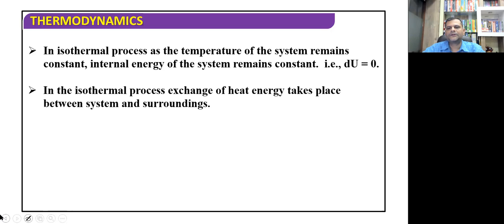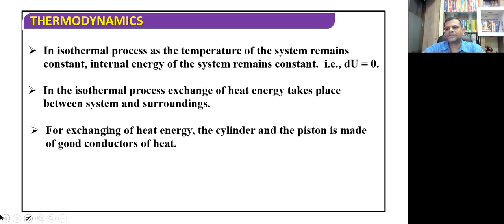So if we use this in the first law of thermodynamics, then we can say that since dU is equal to 0, dQ is exactly the same as dW. That means whatever work is done is at the cost of whatever amount of heat is provided to the system. तो गैस को जो भी हम हीट प्रोवाइड करेंगे, उस हीट को यूज करके वो पूरा का पूरा वर्क डन करेगा, पूरा का पूरा वर्क डन में वो कन्वर्ट करेगा. No change in internal energy will take place here.